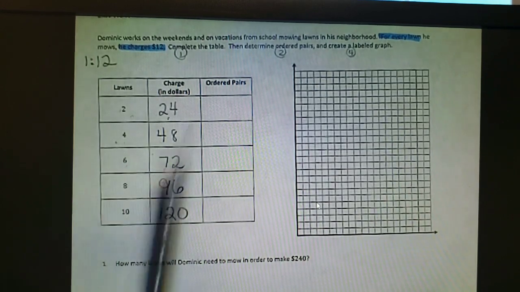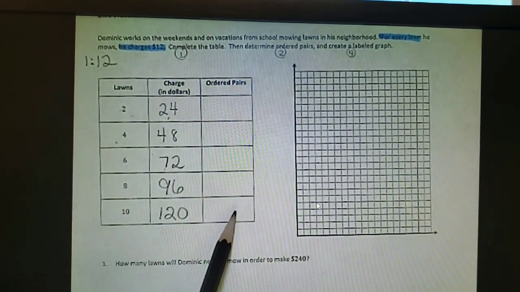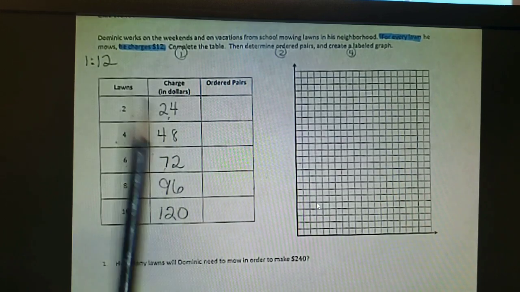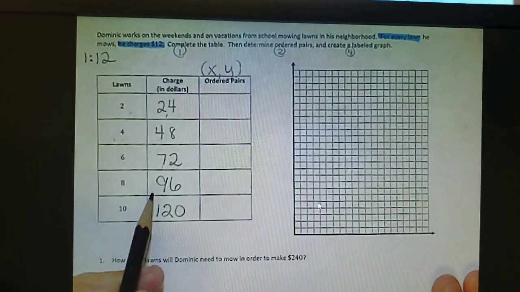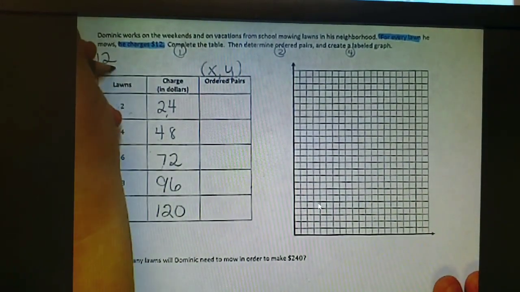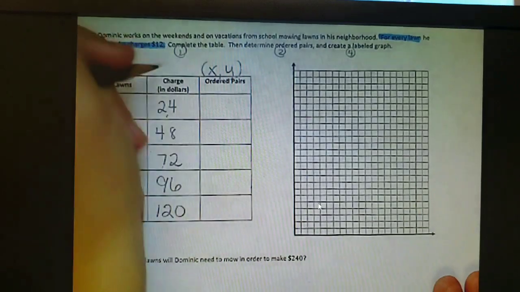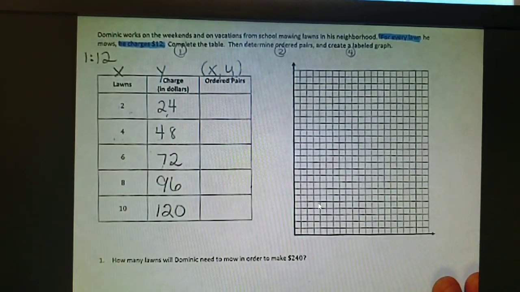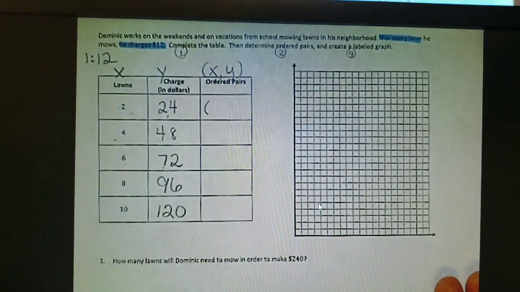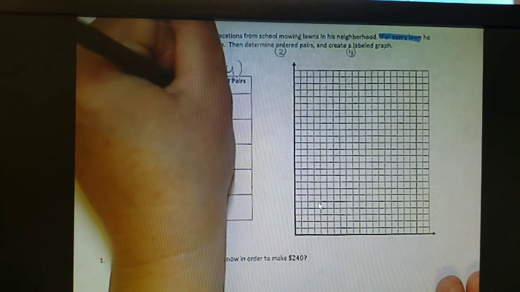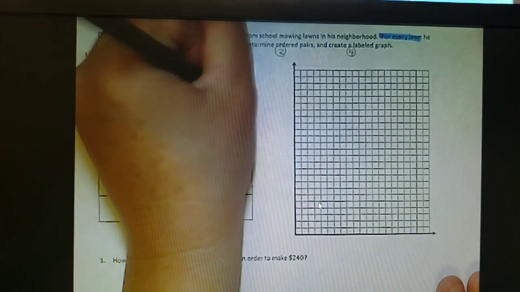All right, your next column is to fill out the ordered pair. When we do the ordered pair, the X is always first, followed by the Y coordinate. When we have a table, the X is always the first section of the table and the Y is always the second. So it's kind of nice. All we have to do is put this in order. Make sure when you're making your ordered pairs, it's (2, 24).